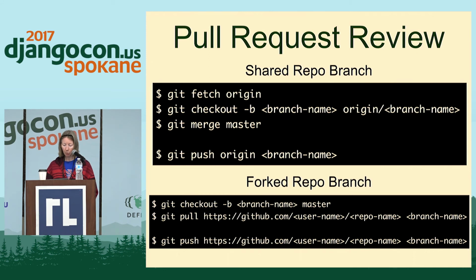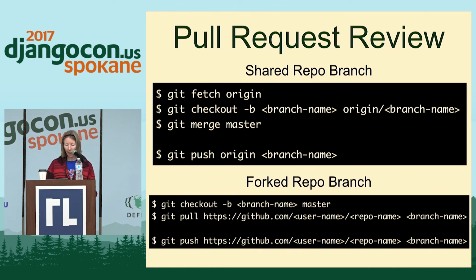So for a shared repository pull request, we use the command git fetch origin to fetch the updates into the .git folder. We create and check out to a new local branch, which we give a name to, and we insert the pull request branch contents from the .git folder into the new local branch by referring to the branch as origin/ and the branch name.